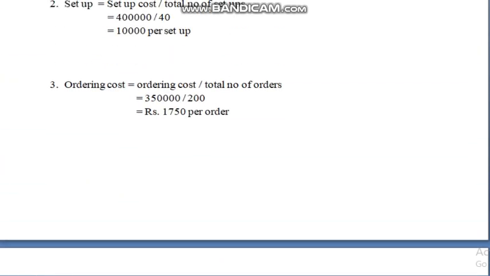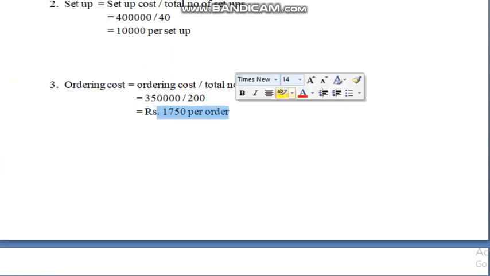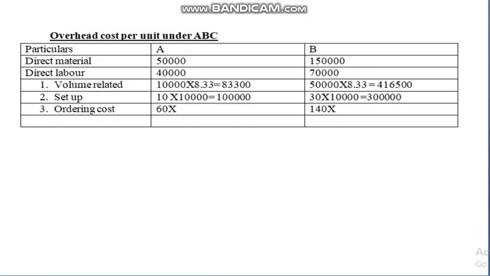The cost per order will be rupees 1,750 per order. So 1,750 multiplied by 60 for product A gives 1,05,000, and for product B, 2,45,000.